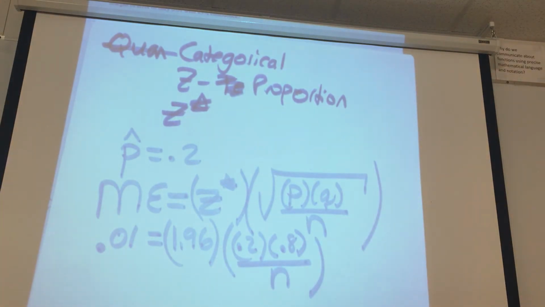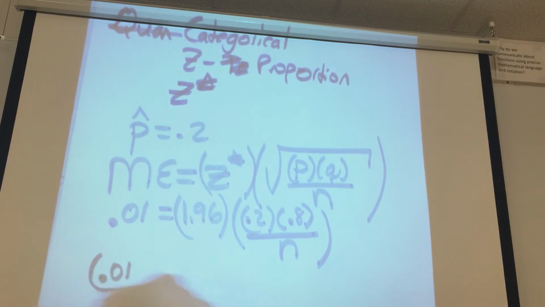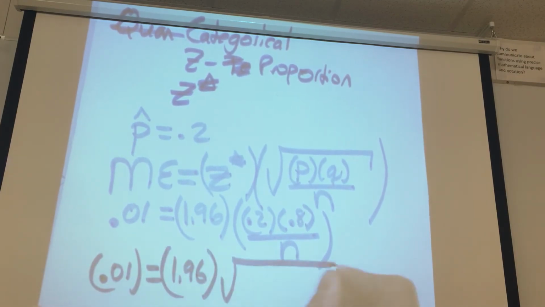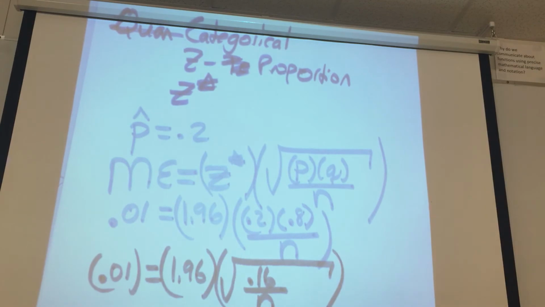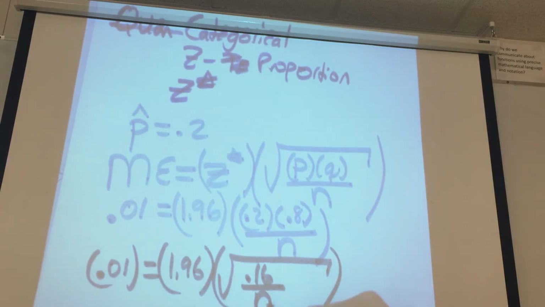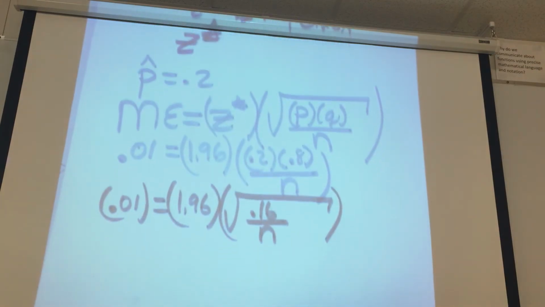So let's solve this out a little bit. This is the same as 0.01 equals 1.96 times square root of 0.2 times 0.8, which is 0.16, divided by n. So I want to solve for n, so I need to divide both sides by 1.96.